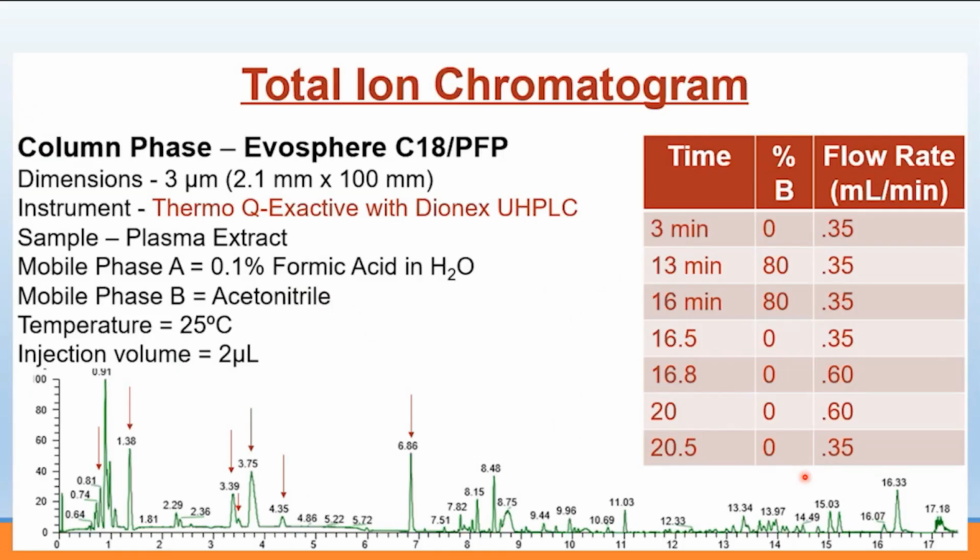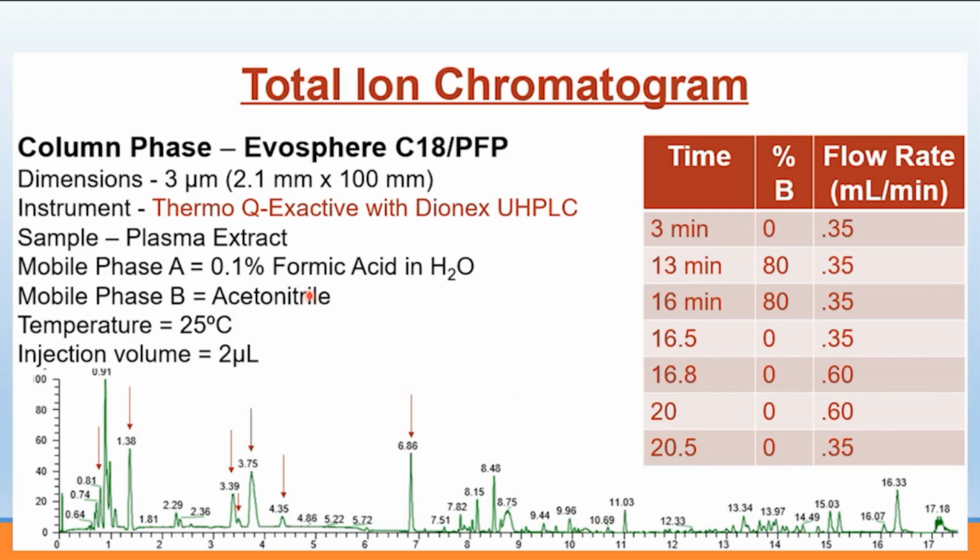And so this is an example of one method that we've been using for a very long time in terms of the gradient and the phase separation. We primarily have been using C18 2 micron particles that are polydispersed for the past 5 or 6 years. We take this same gradient, same method, and you can see the gradient details here.